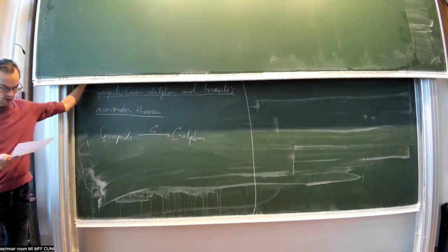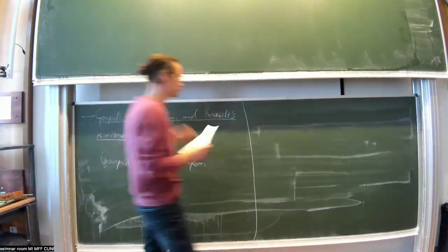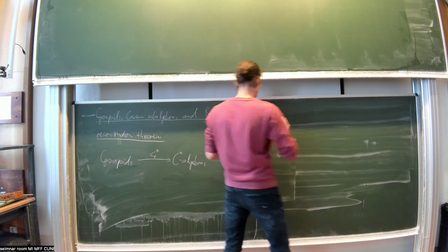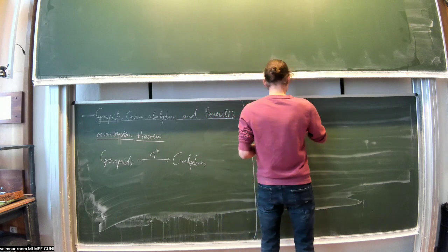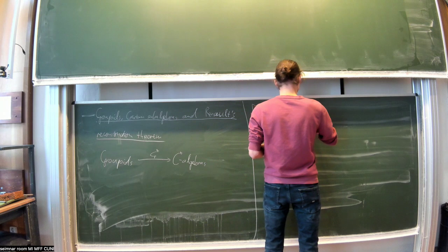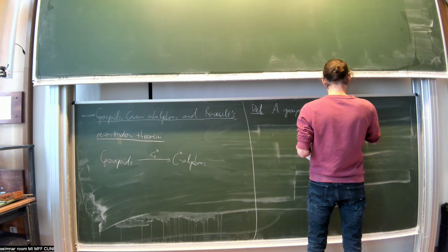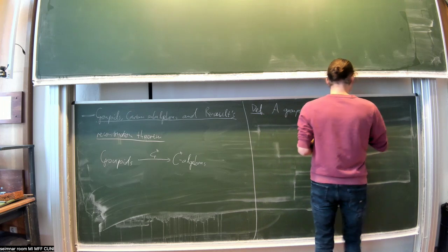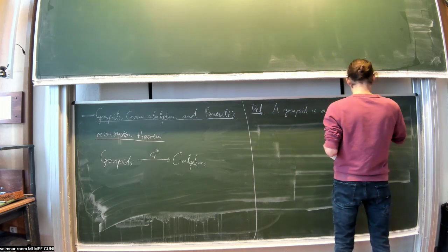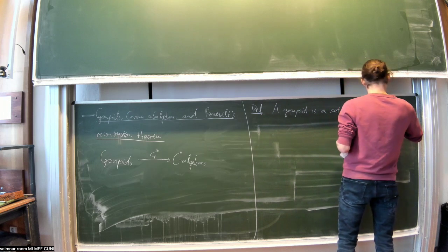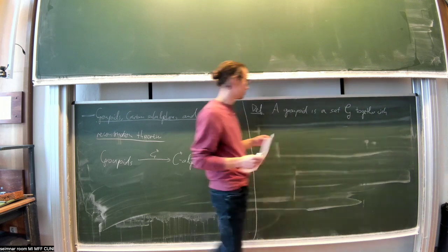Okay, so what is a groupoid? A groupoid is first of all just a set G together with a bunch of structure.